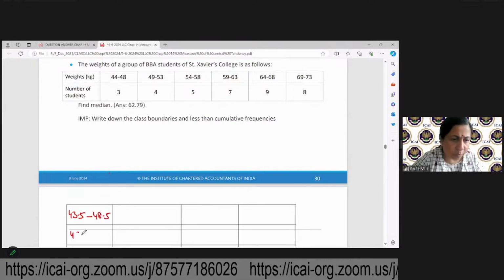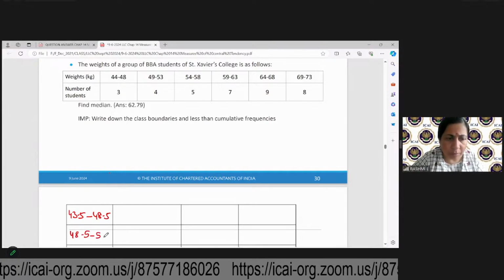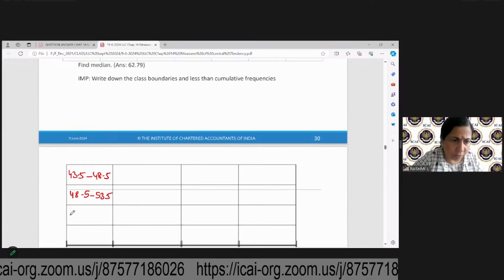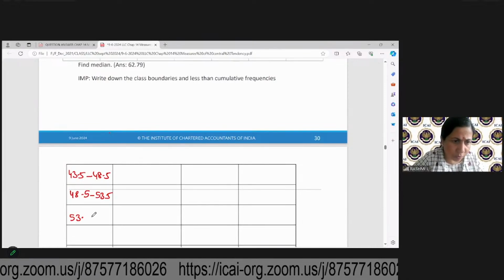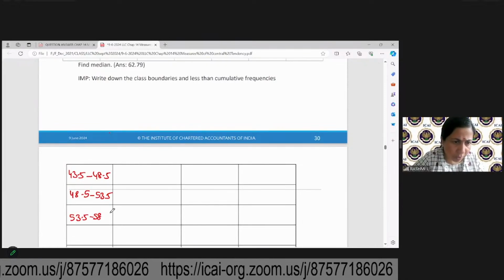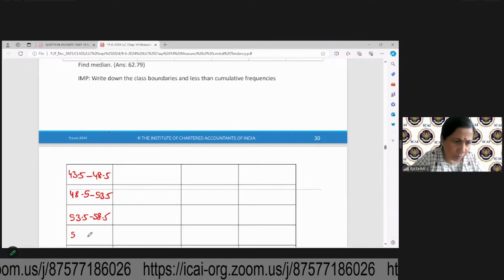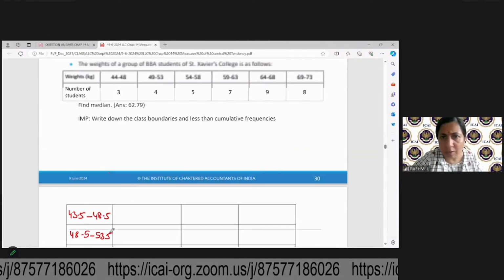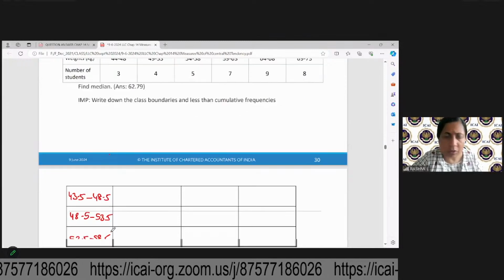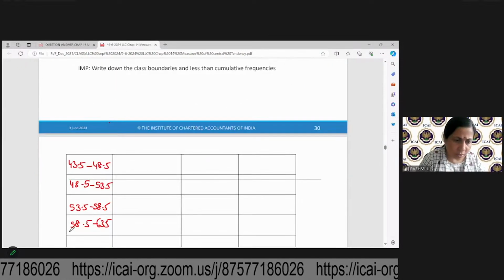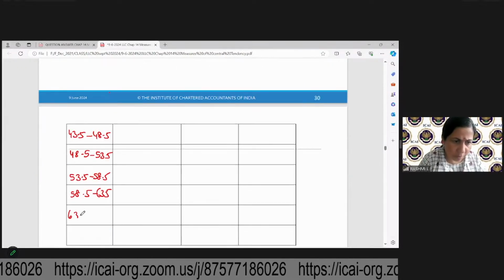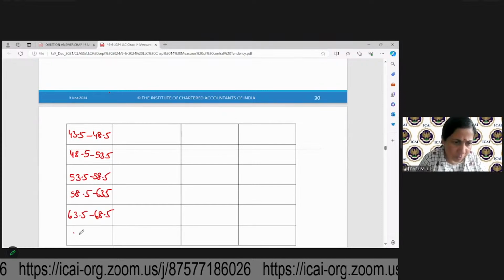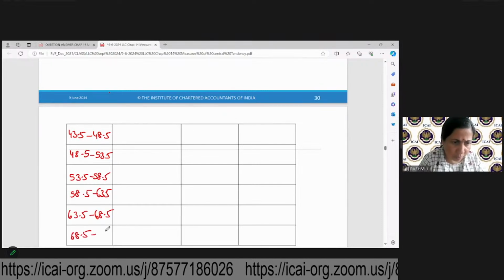Then 48.5 to 53.5, 53.5 to 58.5, 58.5 to 63.5, 63.5 to 68.5 and 68.5 to 73.5.